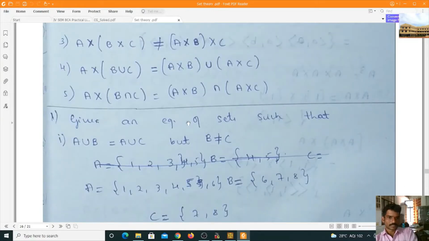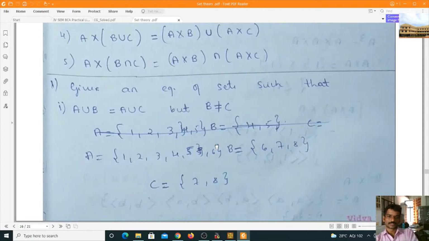Next problem: give an example of sets such that A cross B equals A cross C but B not equal to C. So here, you consider sets such that A union B equals A union C, but B not equal to C. Here I will take A equal to 1 2 3 4 5 6, B equal to 6 7 8.